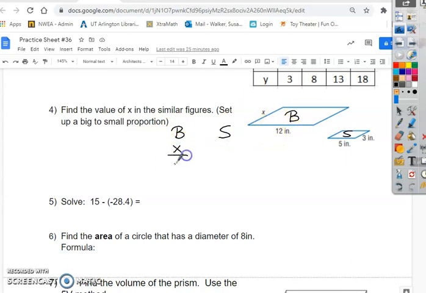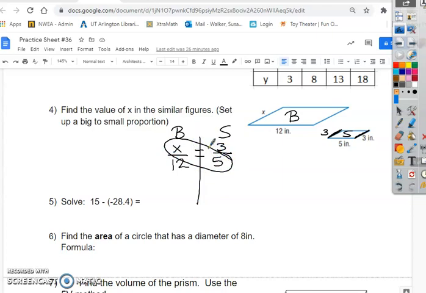I know x is on the big and 12 is on the big. What does x match with? It would be this, and this is a parallelogram, so it's going to be 3. And what does 12 match with? Well, that is 5. That's the long side. So your job is to cross multiply this and get your answer.